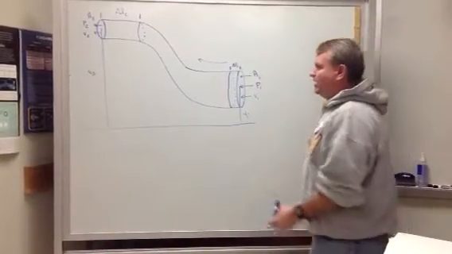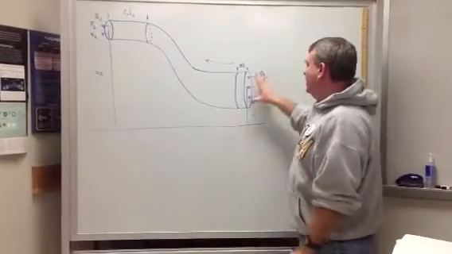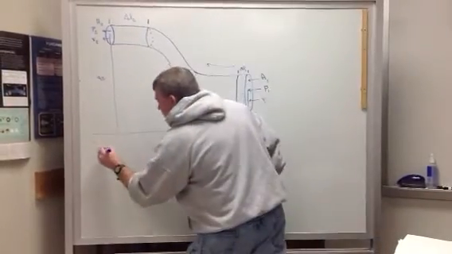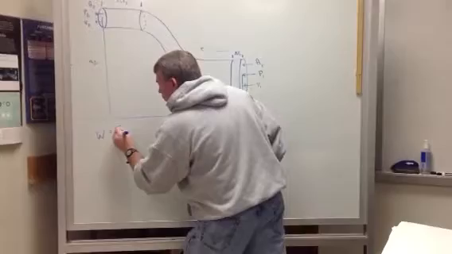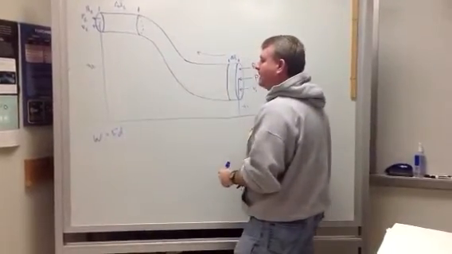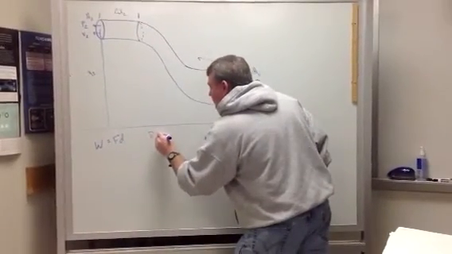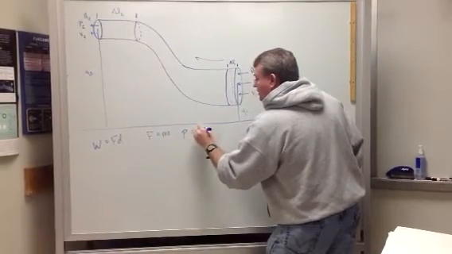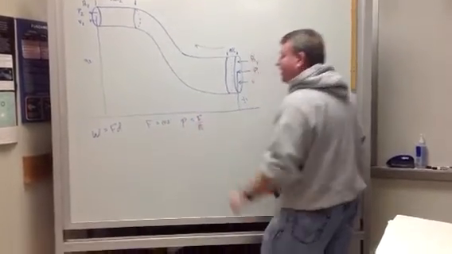Now, let's look at the work that it takes to push this liquid through the pipe. We know that work is equal to force times distance. We know that force is equal to mass times acceleration. We know that pressure is equal to force divided by area.